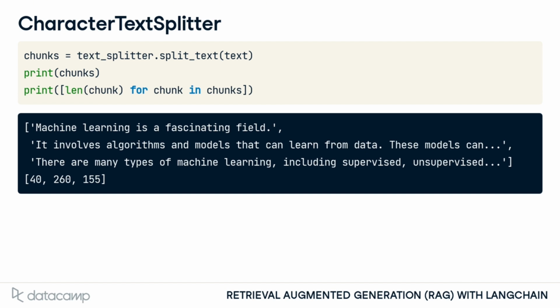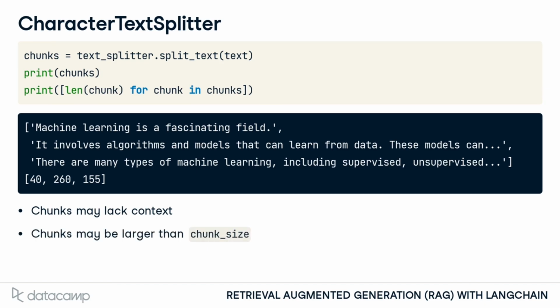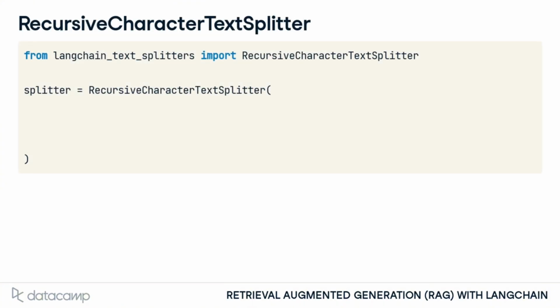Keep in mind that character text splitter frequently creates chunks that lack sufficient context to be useful in retrieval, like the first chunk here. The method was also unable to create chunks that were all below the chunk size by splitting by paragraph. We can improve on this with recursive character text splitter.